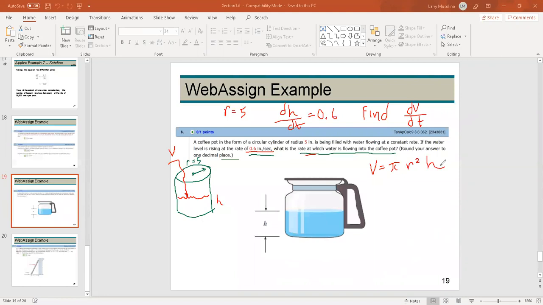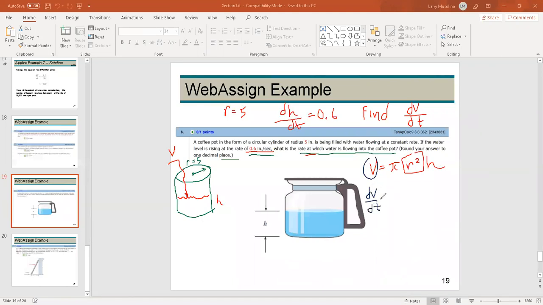The one thing I have to keep in mind, though, is the radius is not changing with respect to time. So the radius is really fixed at 5 inches. All right, well, let's go ahead and take the derivative of both sides. The derivative of V with respect to t is dV/dt.